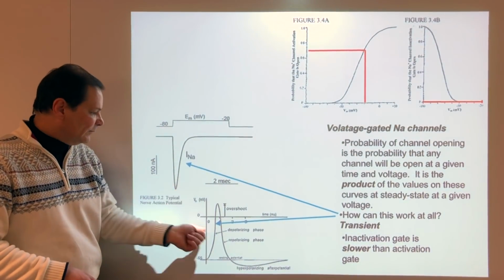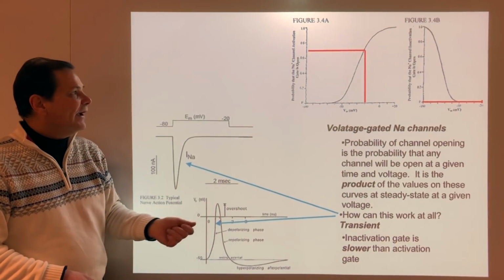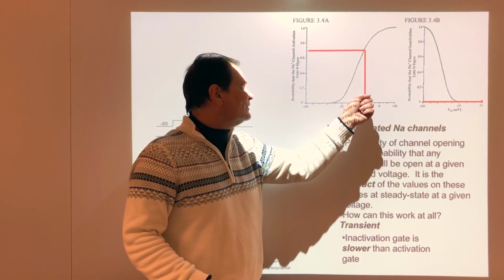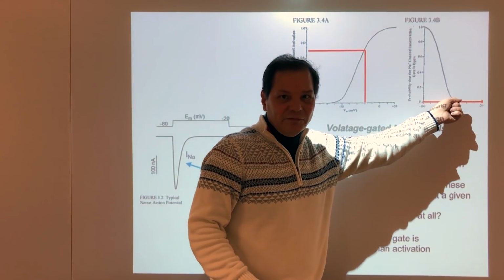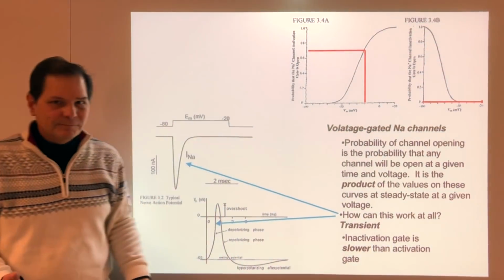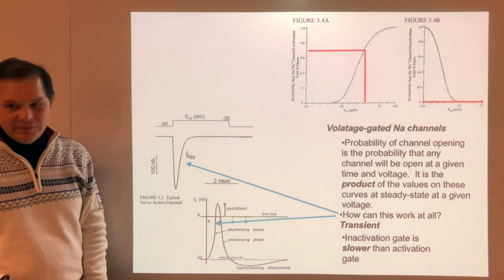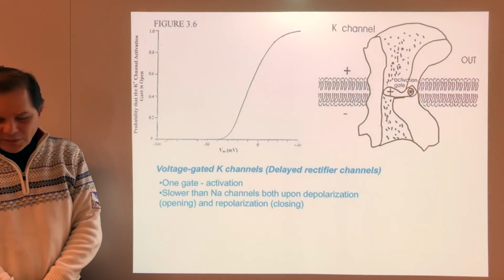And so you get a sodium current, you get an action potential, and it's a competition between the rate at which this opens, which is very fast, and the rate at which this closes, which is pretty slow, relatively, okay? And that's the reason why you get this. And that's important to know.